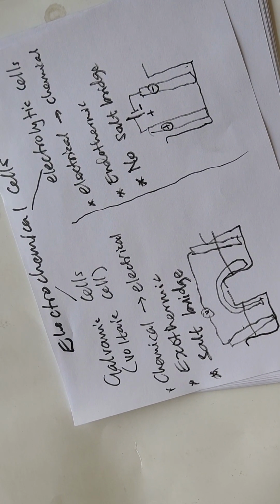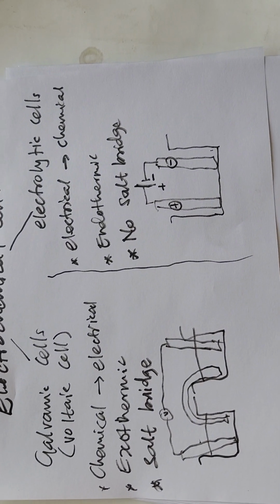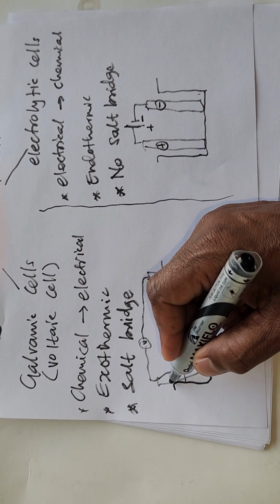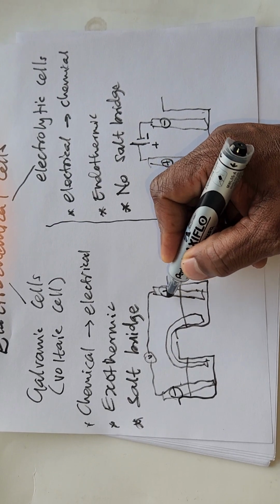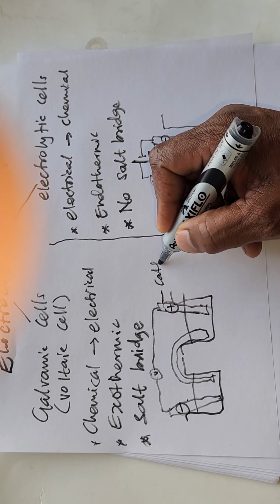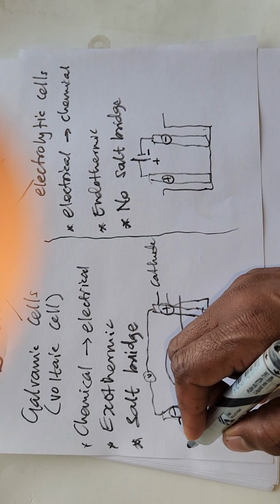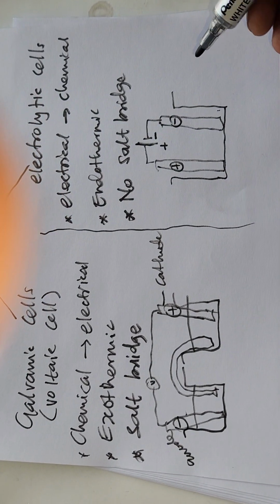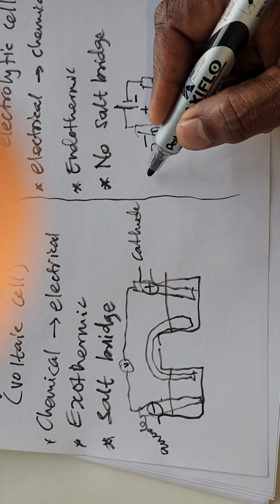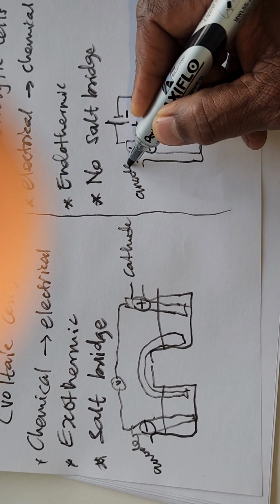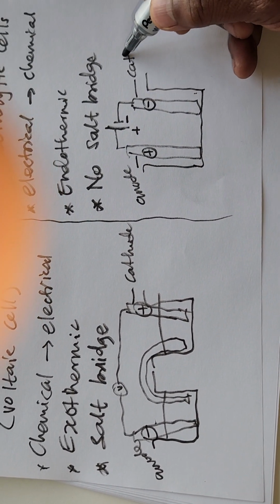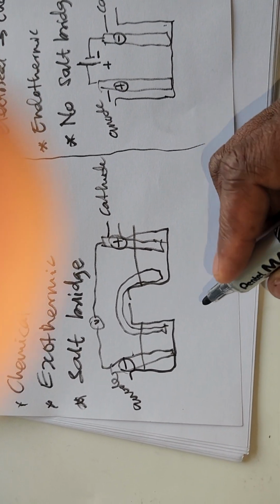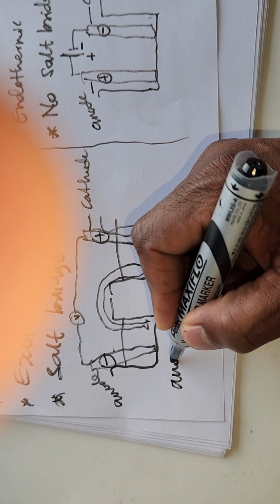And then if we still remember, in the galvanic cell, the positive electrode is the cathode, and the negative electrode is the anode. But in an electrolytic cell, the positive electrode is the anode, the negative electrode is the cathode. But when coming to reactions, don't forget that nothing changed at the anode.